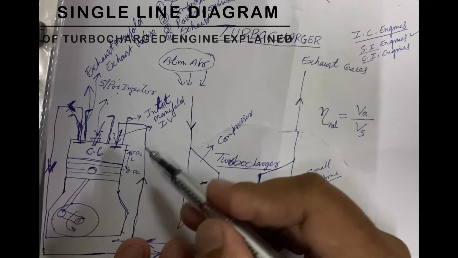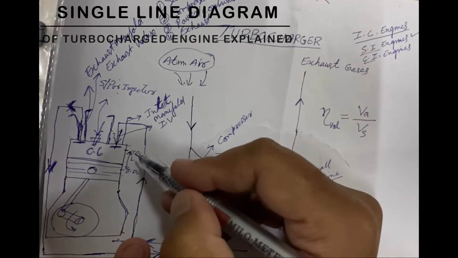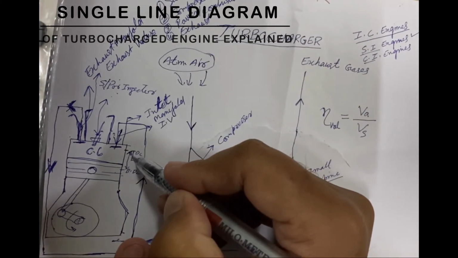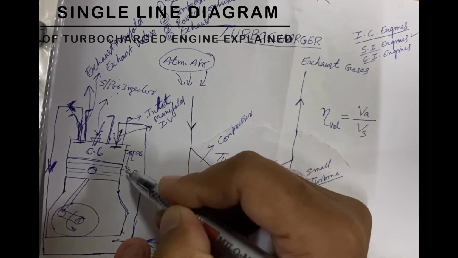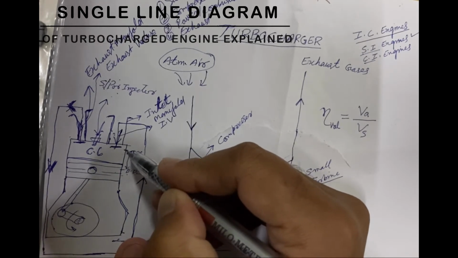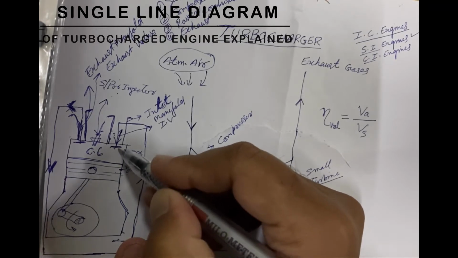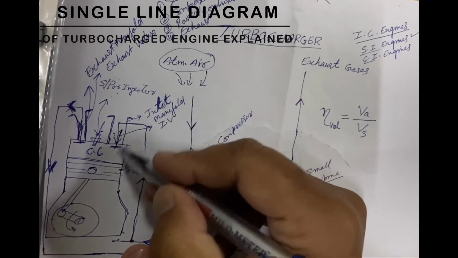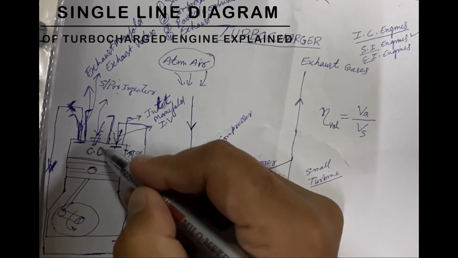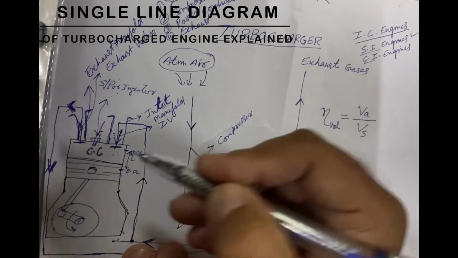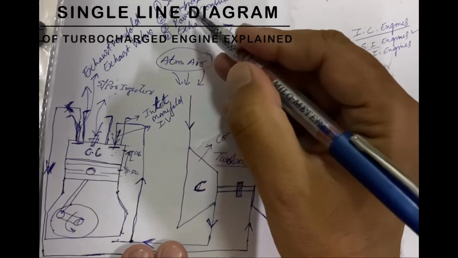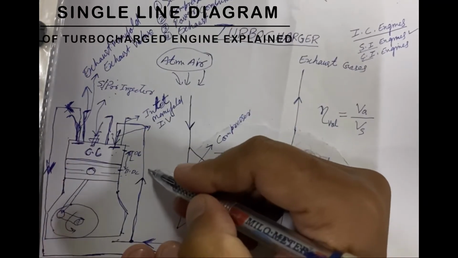What happens when piston goes from this TDC to BDC? It goes from here to here, from TDC to BDC. Suction takes place, air gets sucked into this combustion chamber. Okay, then compression takes place.